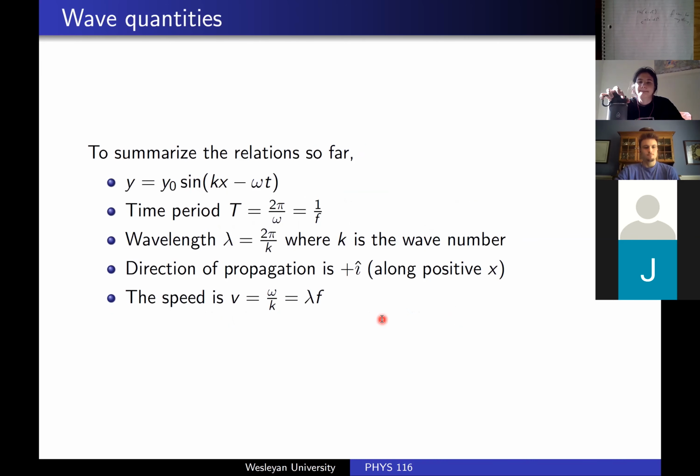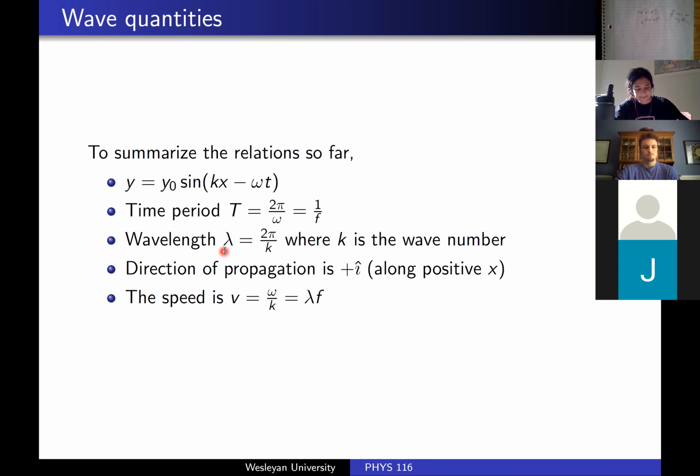To summarize so far, the time period is related to omega. The time period is 2 pi over omega, and you can also write it as 1 over f, where f is called frequency and omega is the angular frequency. The wavelength, lambda, is related to k, the wave number, in a very similar way: lambda is equal to 2 pi over k.